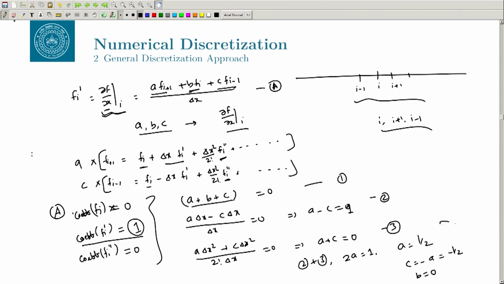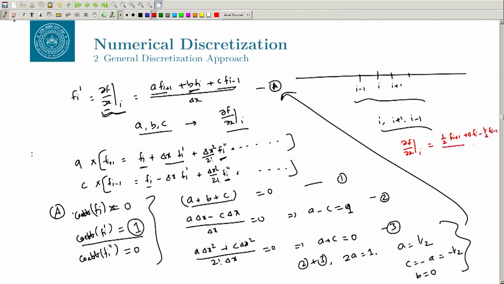Now, let us put all these things in equation A. The final equation will be del f by del x at i is equal to 1 by 2 f(i+1) plus 0 f(i) minus 1 by 2 f(i-1), divided by delta x. That is basically f(i+1) minus f(i-1) by 2 delta x.